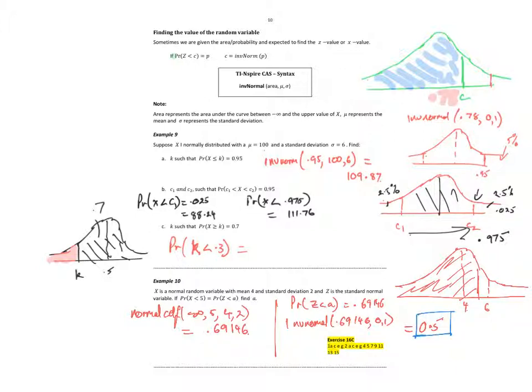Let's have a look here. 5 here is half a standard deviation above the mean, isn't it? Because the standard deviation is 2, that's 1. So Z is equal to 5 minus 4 on 2, which is equal to a half. So the corresponding Z value is a half, which is what we've got there.